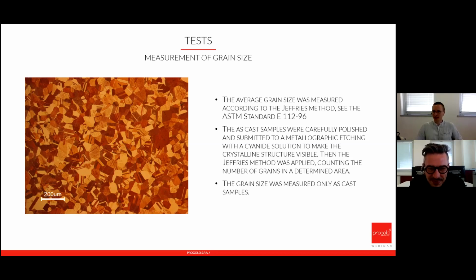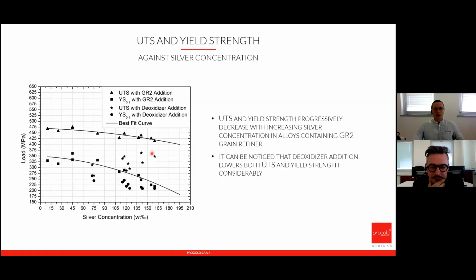the so-called universal alloys that you can use both for investment casting and plastic deformation are the alloys containing the grain refiner. Okay, let me find the correct slide. This one, sorry. As we can see here, the mechanical properties of a deoxidized alloy are not enough to use that specific alloy also for plastic deformation.